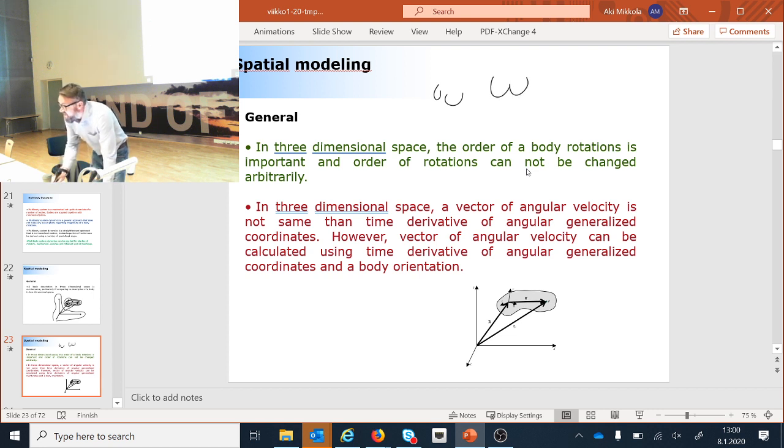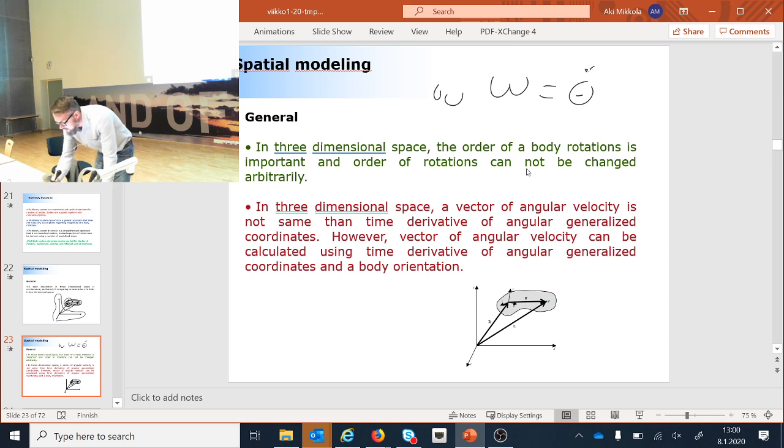Omega. You know what that is? In the planar case, the angular velocity is a scalar value, because the angular velocity can take place around one axis only, and that's the axis that is coming out from the plate. And in the planar case, angular velocity is equal to the time derivative of generalized coordinates.